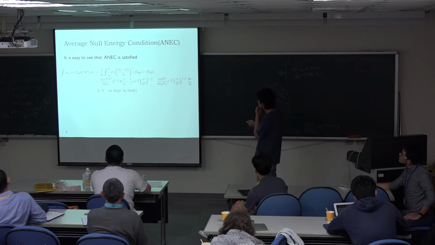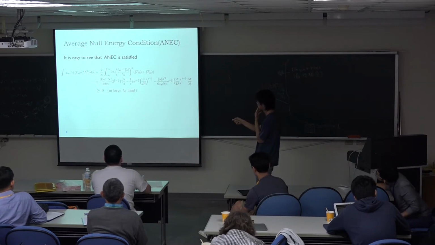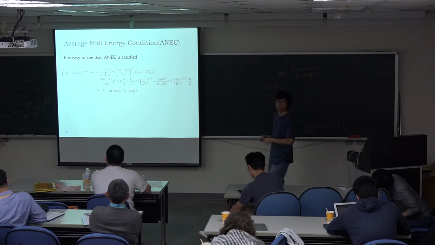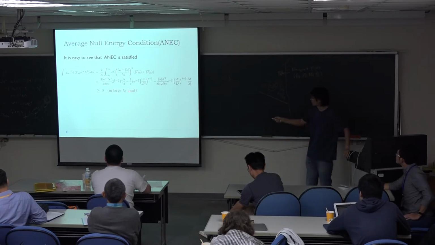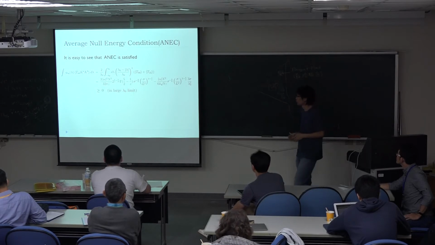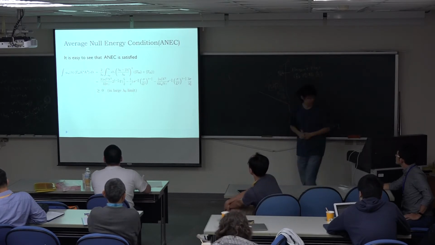So this is actually related to the quantum interest conjecture, because you always have this positive energy that compensates this negative energy part. And this part turns out to be dominant if you do the average over a long path.